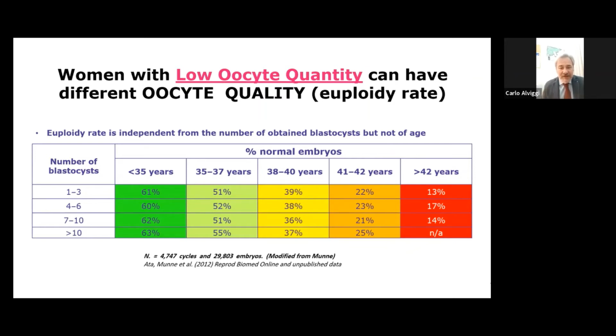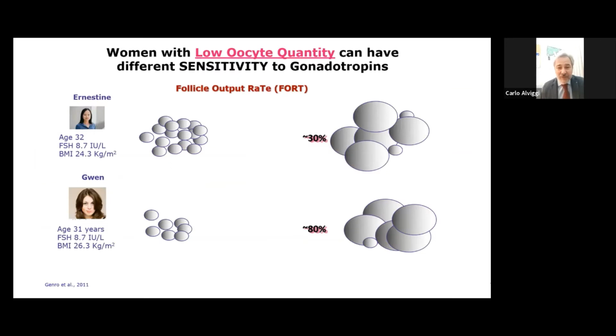And the third limit, in my opinion, of the Bologna criteria, next slide please, is that the ovarian sensitivity to the stimulation is not considered. Because what I said at the beginning of this talk was that in the last years we understood that even with similar demographic or anthropometric characteristics, a patient can have a totally different ovarian reserve.